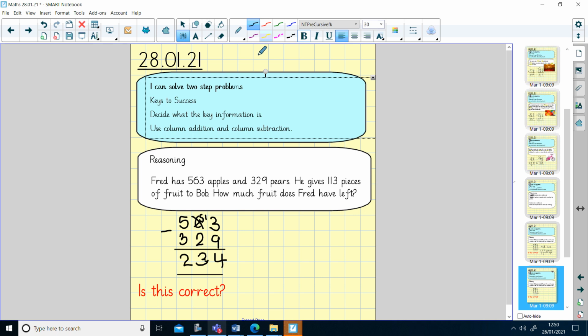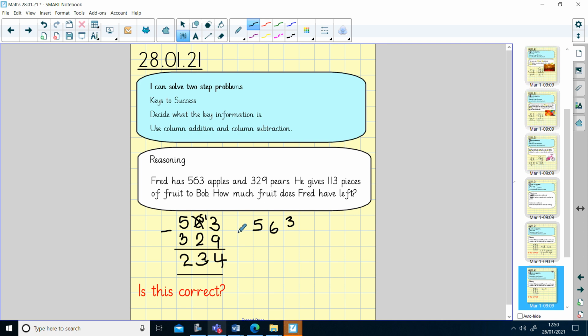What I needed to do was to work out how much fruit Fred has altogether. If it's an altogether question, it means I've got to add. So I'm going to do the 563 apples added to my 329 pears.